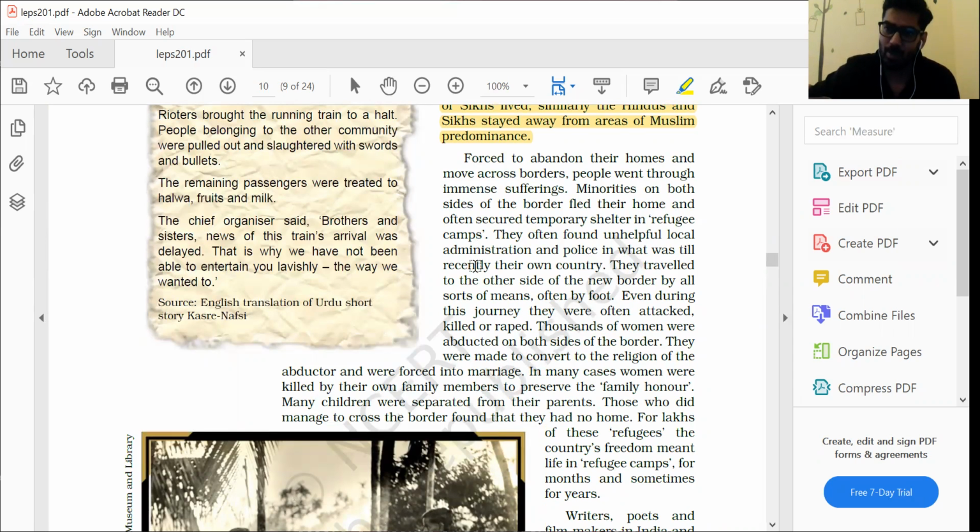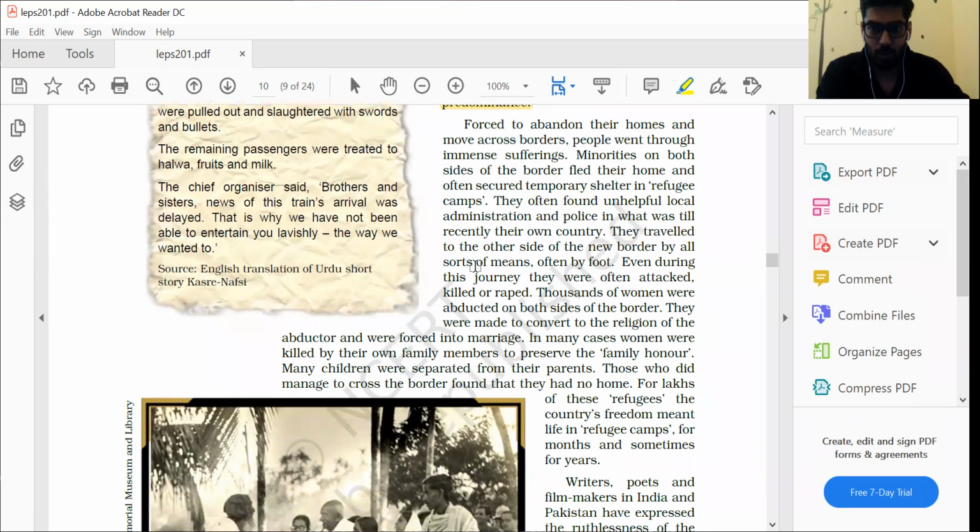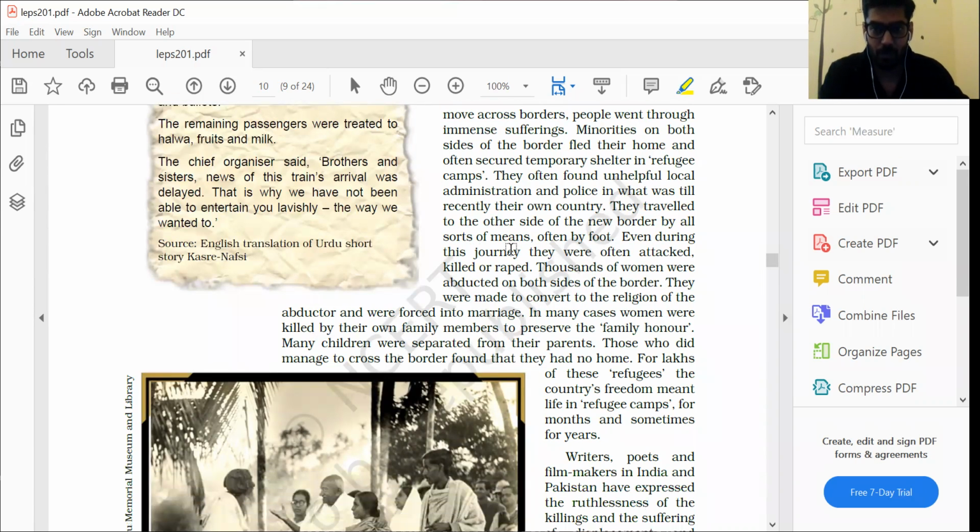But for people from Delhi going to Lahore and Islamabad, the government hardly did things the way they were supposed to do. So they traveled to the other side of the new border by all sorts of means, often by foot. Such a long distance on foot. And even during this journey, they were often attacked.